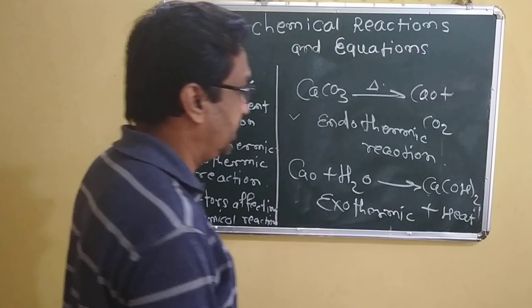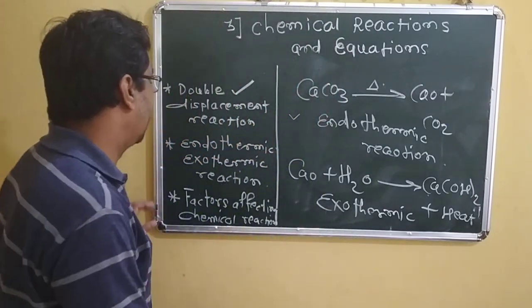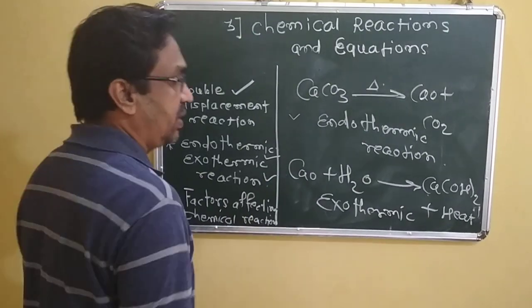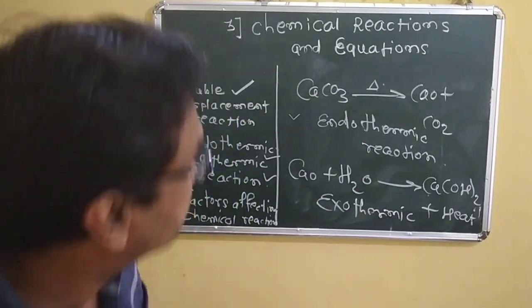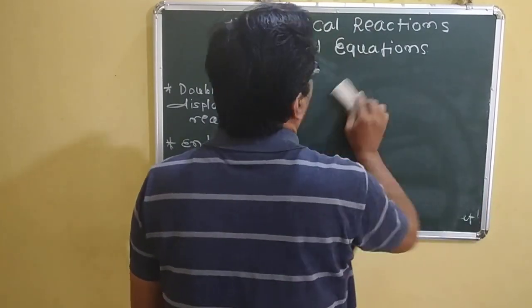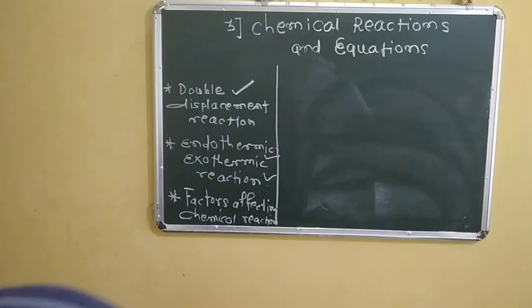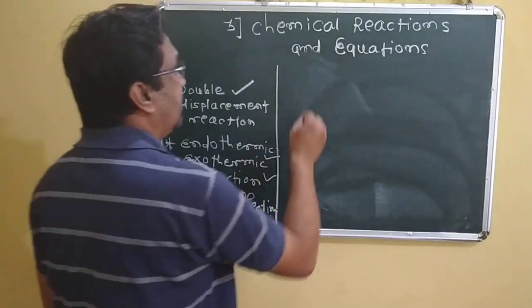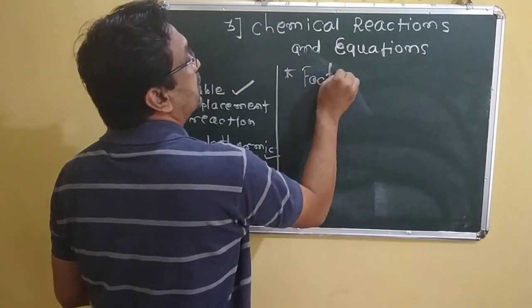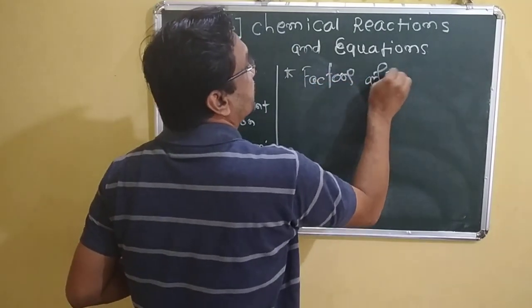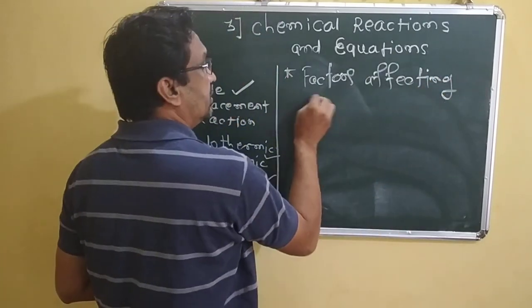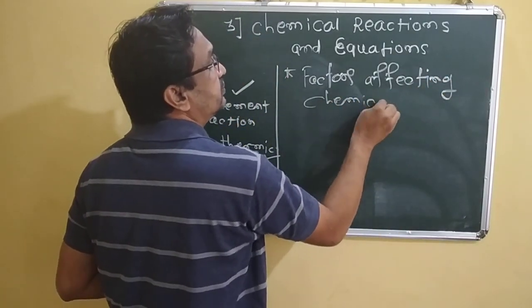So we have seen endothermic and exothermic reactions. Now, the factors affecting a chemical reaction. Which factors are affecting a chemical reaction? Factors affecting chemical reaction.